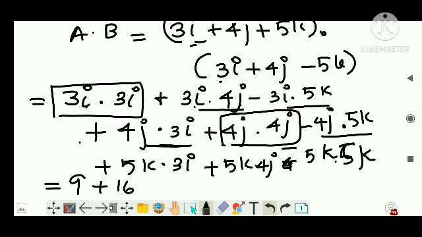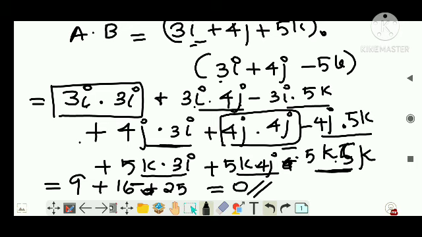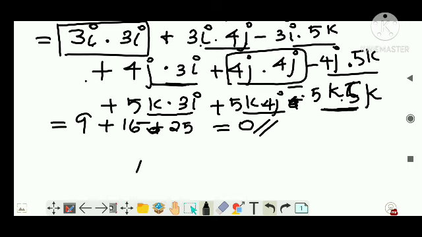Now j dot k is 0, k dot i is 0, k dot j is 0, but like terms k dot k is 1, so I can write 5 into 5, that is 25. Clear? There is a minus, so this is minus. So 9 plus 16 is 25, and 25 minus 25 is 0. So the answer of a dot b is equal to 0.